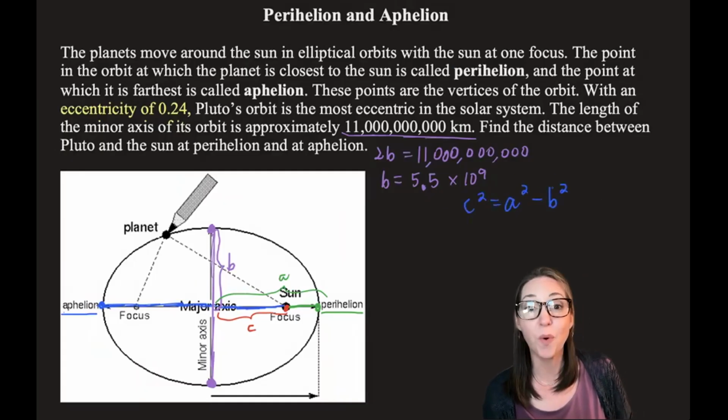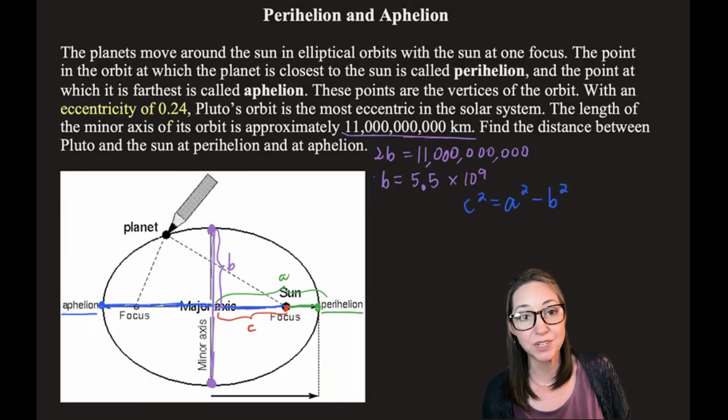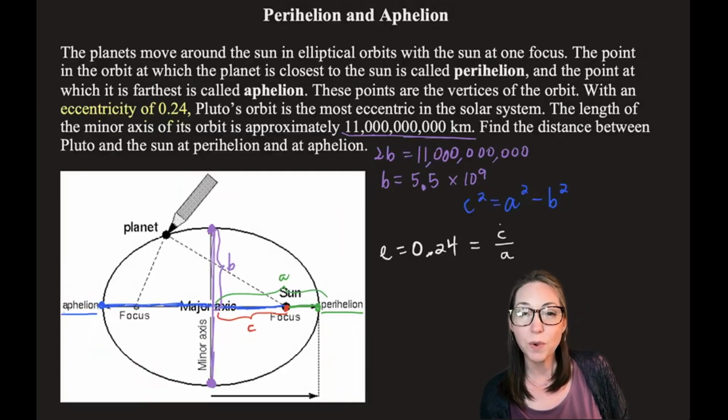We only know one of those: b, which we just found is 5.5 times 10 to the 9th kilometers. But we also know the eccentricity, which in a prior video we learned is the ratio of c to a, so 0.24 equals c over a. So we really have two equations involving c and a, so we can solve for both.